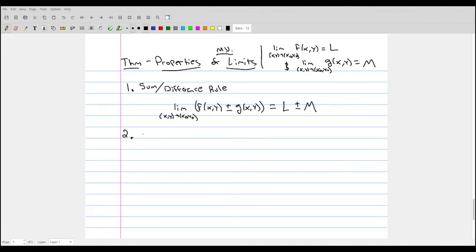So the next limit law, or limit rule, is the constant multiple rule.